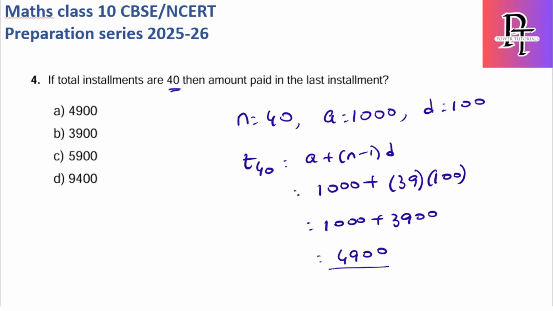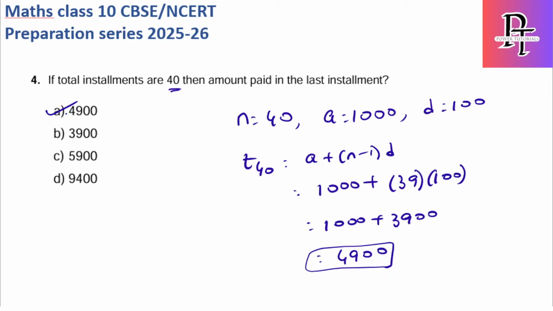He has to pay 4900 at the 40th installment as the last installment. Starting from 1000, he keeps on adding 100 each month, so that at the 40th installment he is paying 4900, and here the entire amount will be closed, which is 1,18,000.